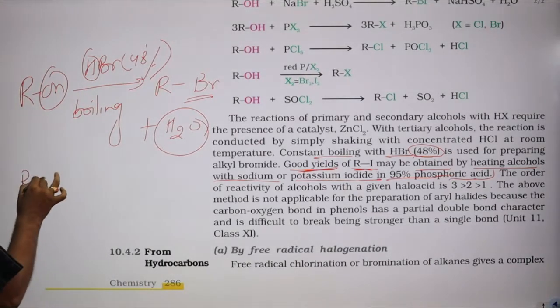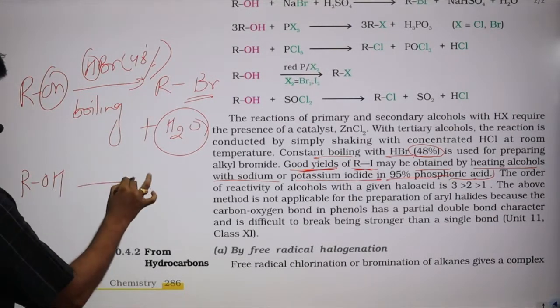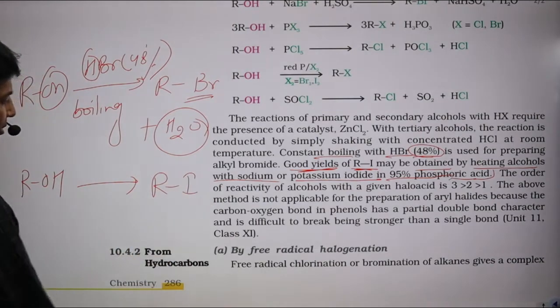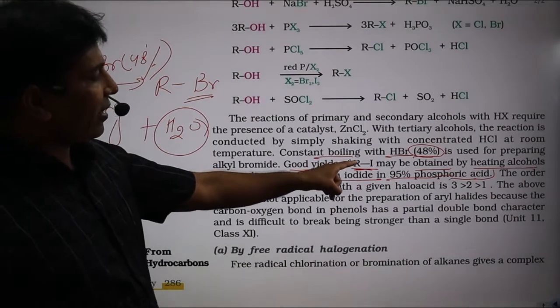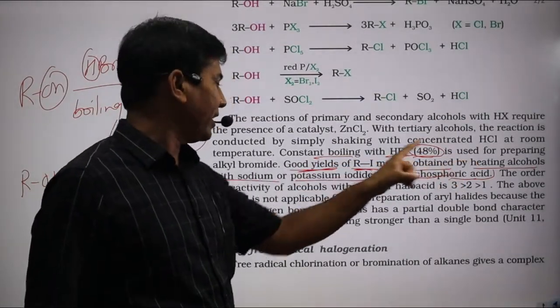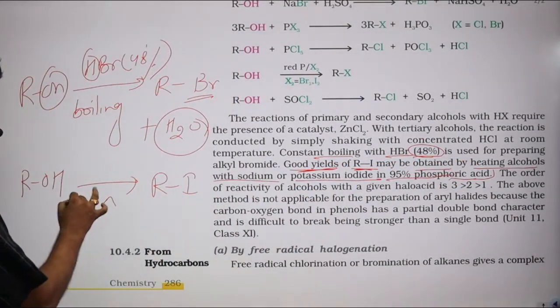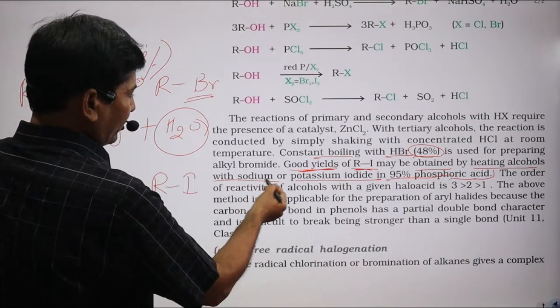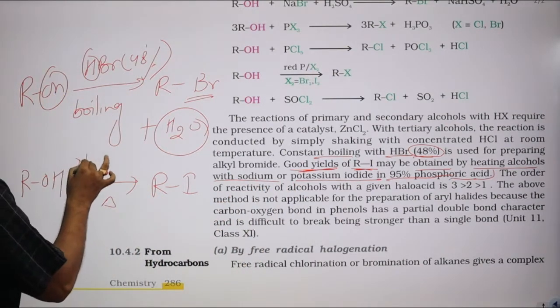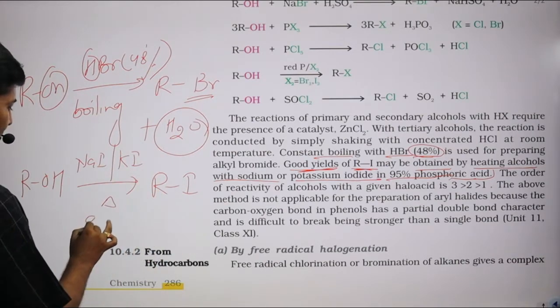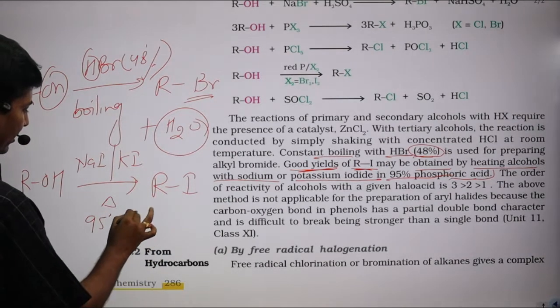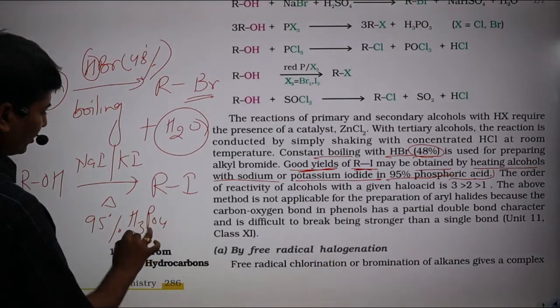We have an alcohol, and it can be converted into alkyl iodide. The reaction is that a good yield of alkyl iodide can be obtained by heating the alcohol with sodium iodide or potassium iodide, in the presence of 95% phosphoric acid, H3PO4.